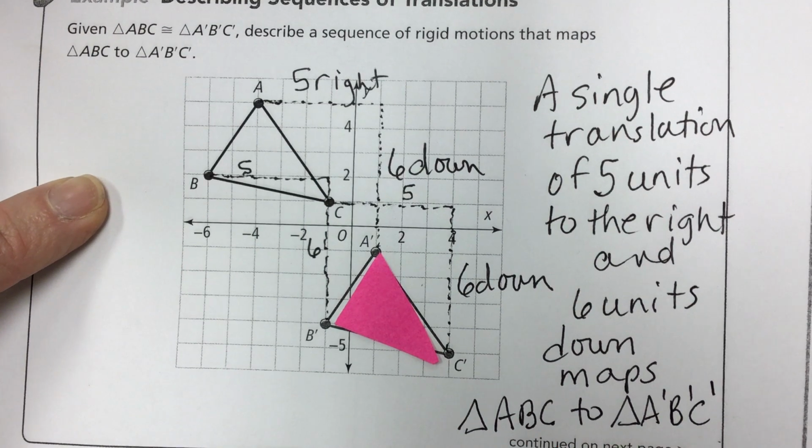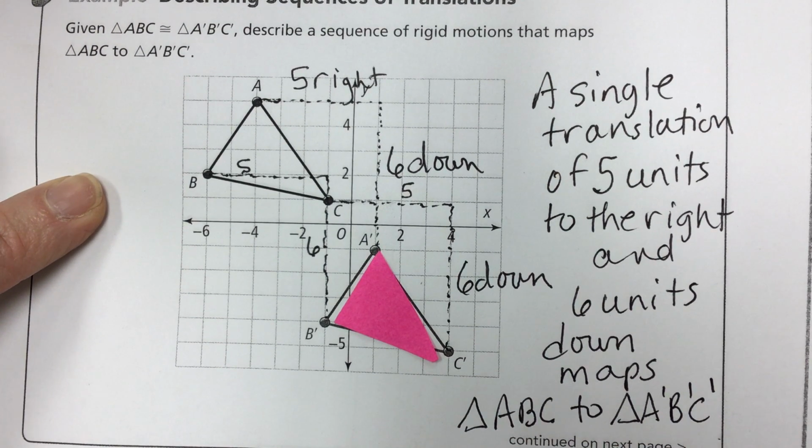So a single translation of 5 units to the right and 6 units down maps triangle ABC to triangle A prime, B prime, C prime.